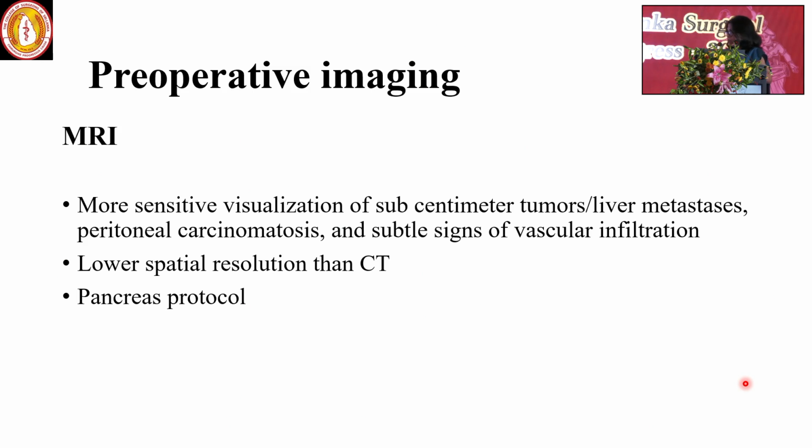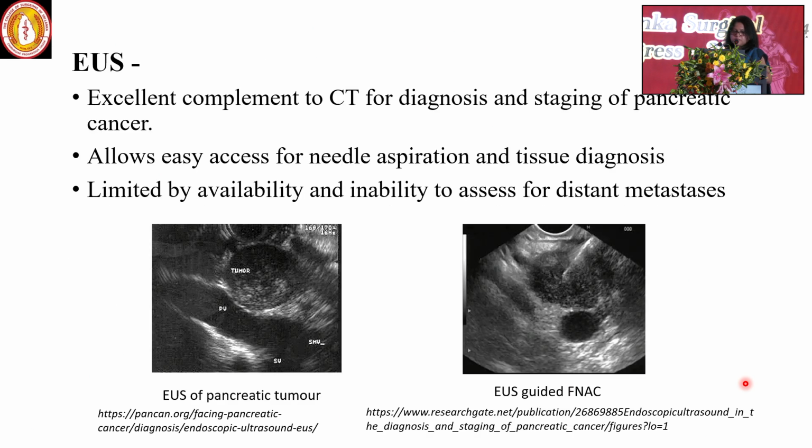And again we follow the pancreatic protocol. So this is endoscopic ultrasound. It's an excellent way of assessing pancreatic tumors, because at the same time we can get the tissue diagnosis as well, but the limitation is it is not freely available, and you can't assess the distant metastasis.